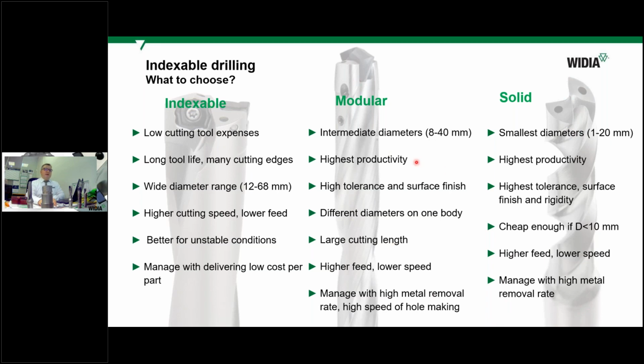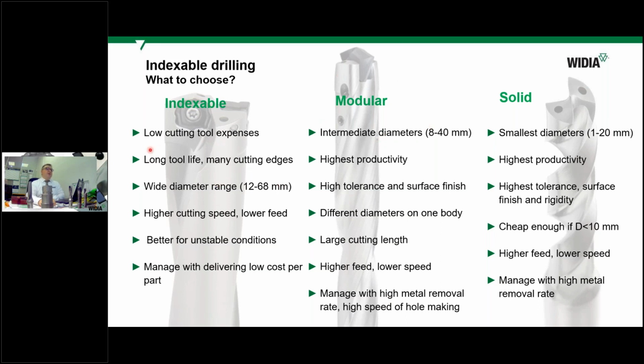Modular is the same, but the tolerance is not so good, though normal for intermediate diameters. It is for mass production, with fast production, when we need to produce a lot of holes and you don't have spare capacity to have more machines, so you can optimize the machine using modular drills.